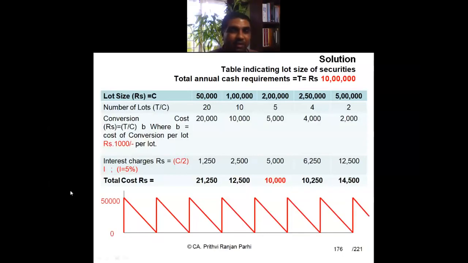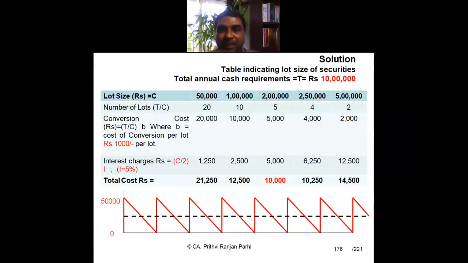Now you see, at one point of time you have a 0 balance, and at some other point of time you have 50,000. The moment you withdraw, it is 50,000. The moment it comes to zero, it is zero balance. So I have to see on an average how much cash I am keeping idle.